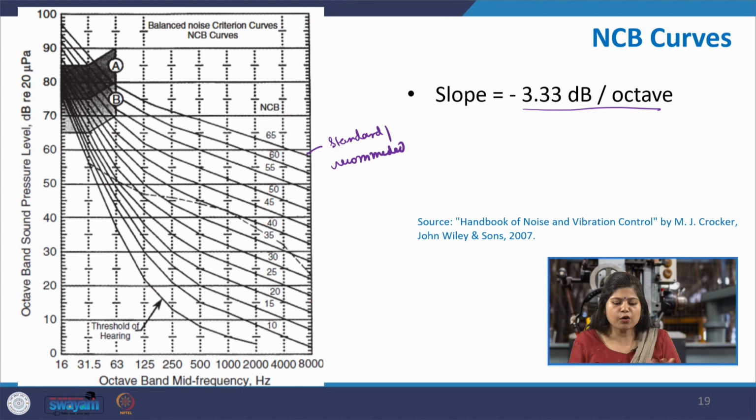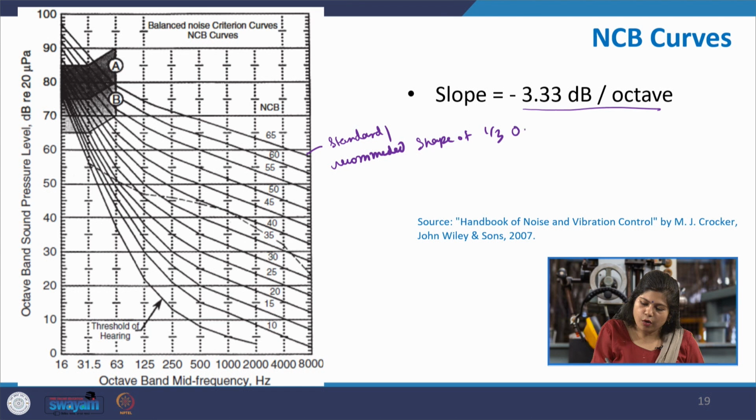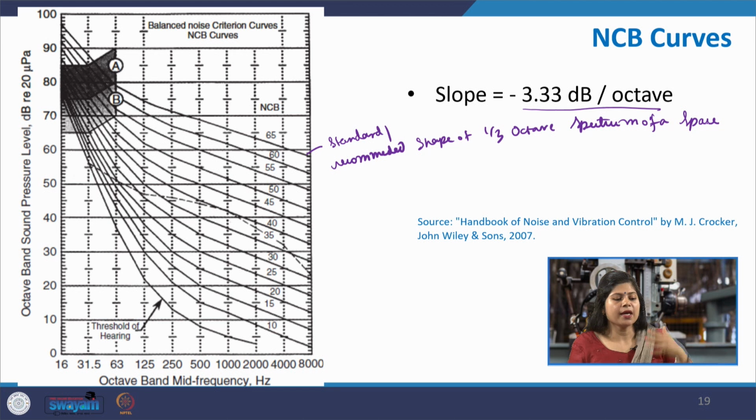So, that is just a recommended shape of the 1/3 octave spectrum of a space. It is just recommended that you will get the best acoustics if your 1/3 octave spectrum follows this kind of a shape, but it need not do so in reality, but this is just something that is recommended where it gives the best results.